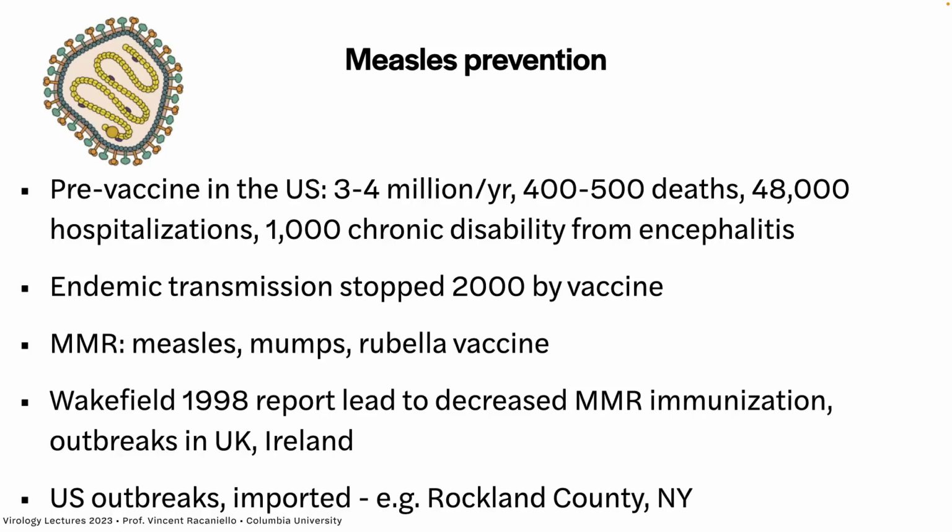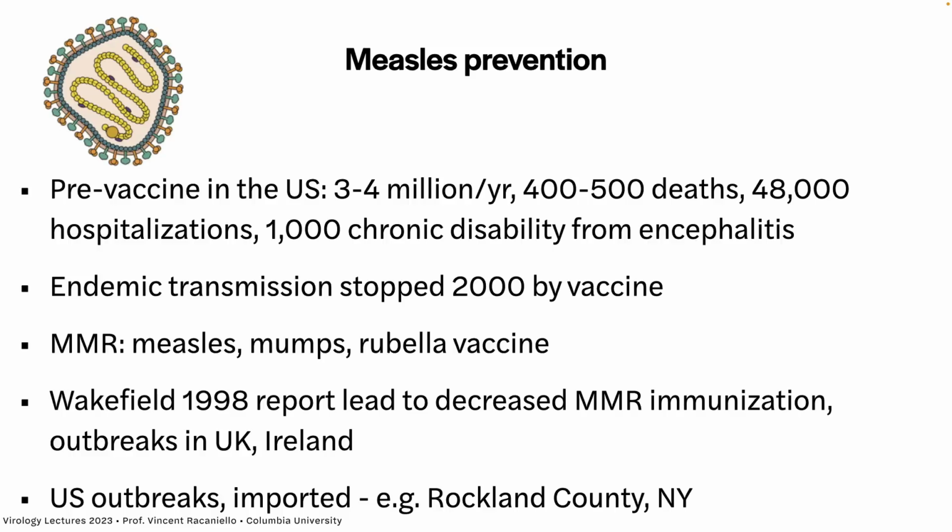Unfortunately, in 1998, Andrew Wakefield, a gastroenterologist in the UK working on a virus, said the measles vaccine, MMR, causes autism in a paper that was completely flawed and which was eventually retracted. But that led to people saying, I don't want to immunize my kid.